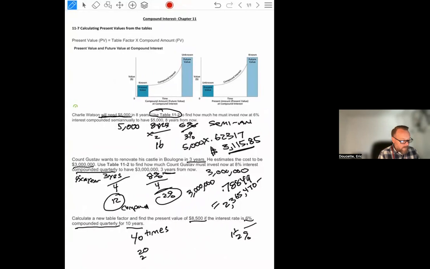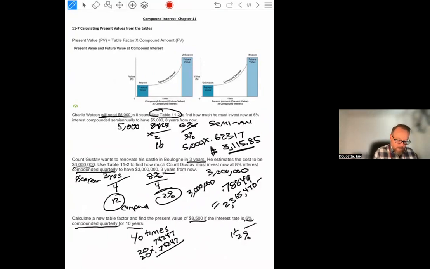And I would write down the table factor for 20 times. So 20 times at 1.5% is 0.74247. And remember, when I'm going to find a new table factor, all I do is multiply those two together.